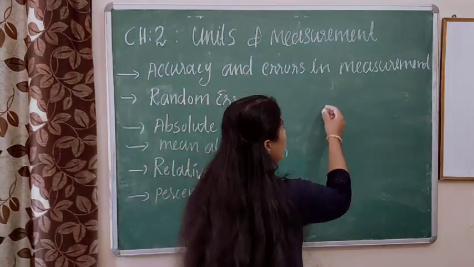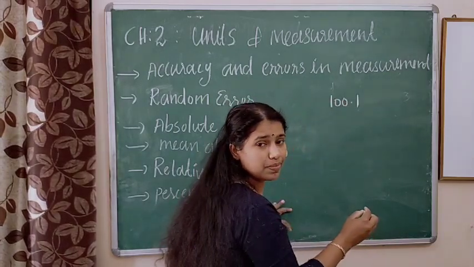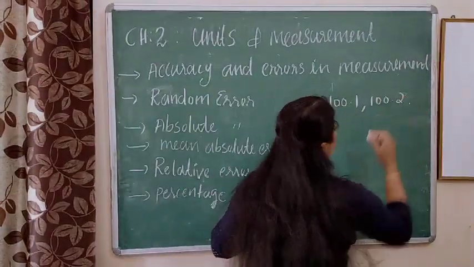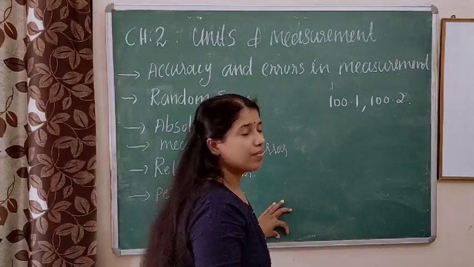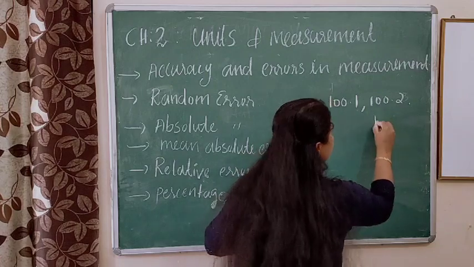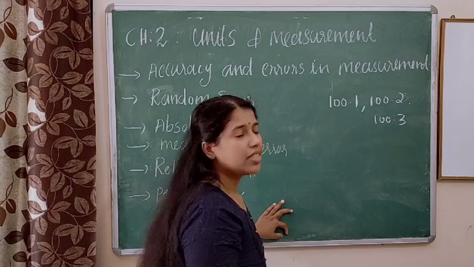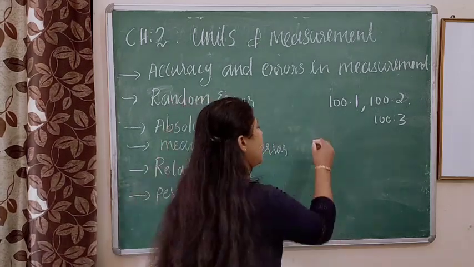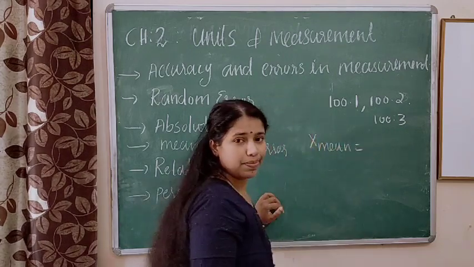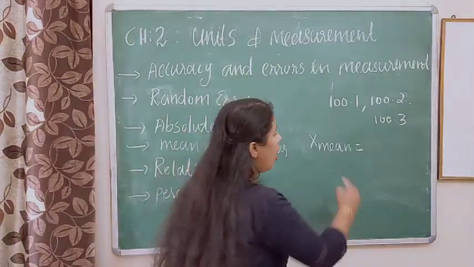For example, in the same blackboard example, 100.1. Second case 100.2. Third case, one more person measures, we may get 99, or we can take 100.3. This is random error. We use X mean. How to calculate this?